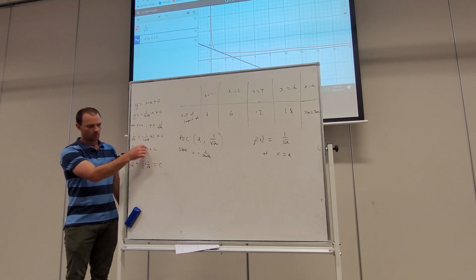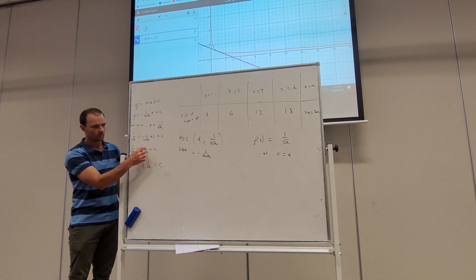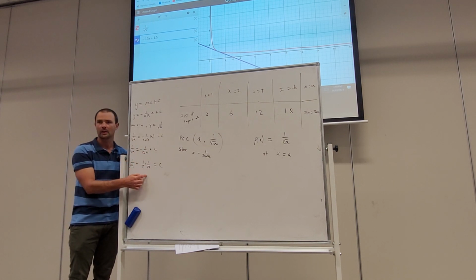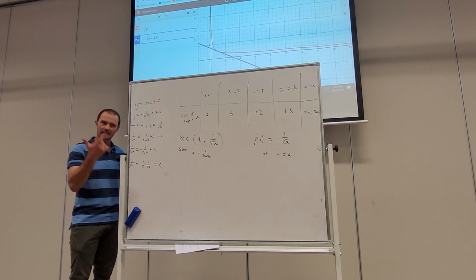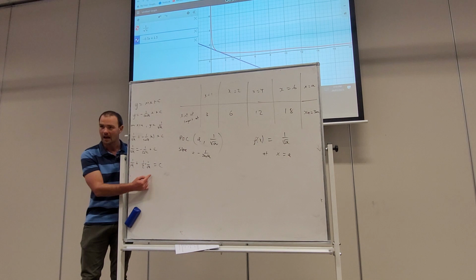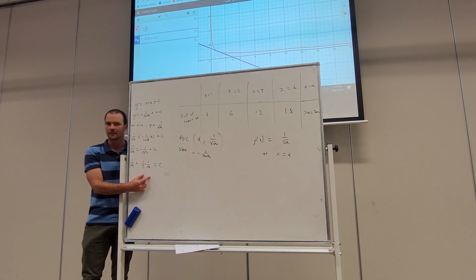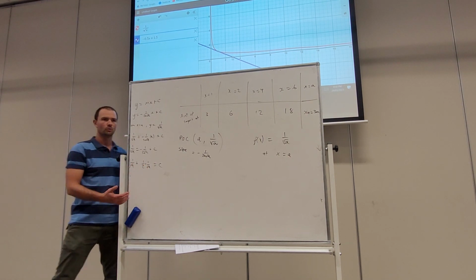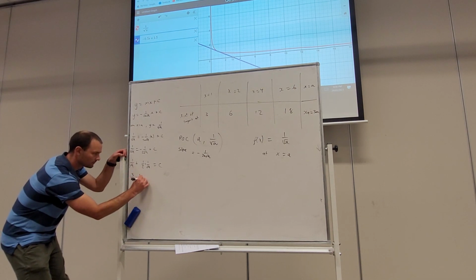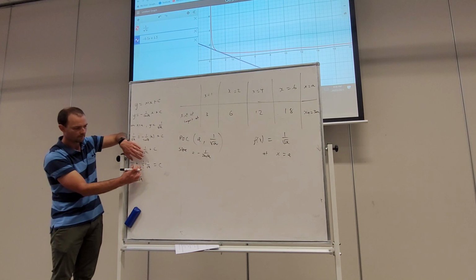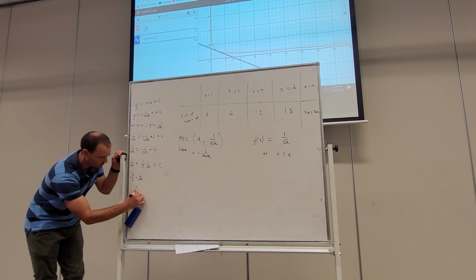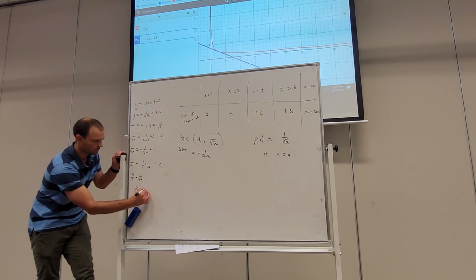I've moved that across, so that's made it positive, and 1 on top of 2 root a is the same as half times 1 on root a. I've separated it, and now you can see how we can add these together. One lot of 1 on root a plus half a lot of 1 on root a gives me 3 on 2 root a. So it's 1 plus a half, that's what that's collecting to. 3 on top of 2 root a equals c.